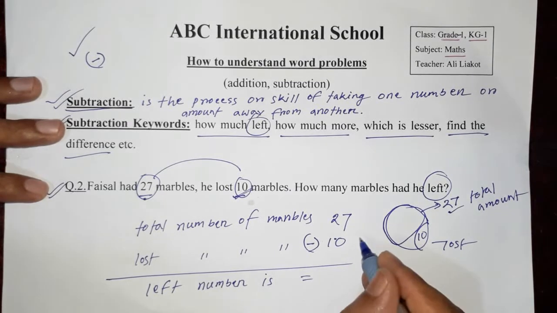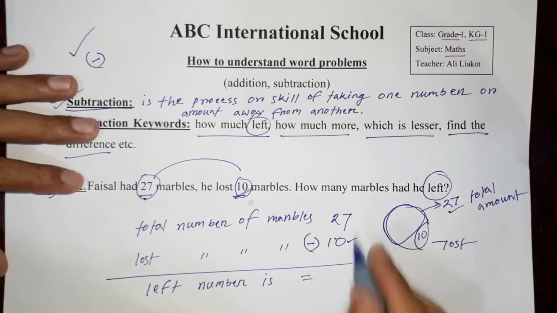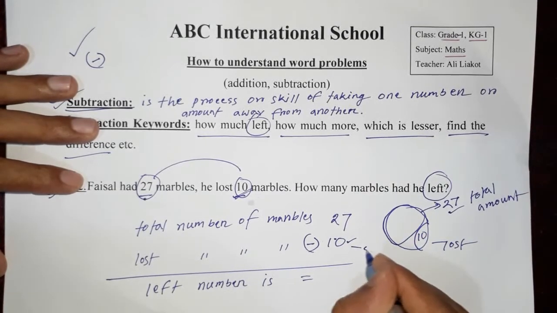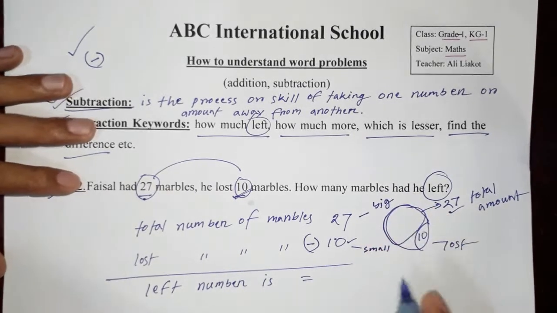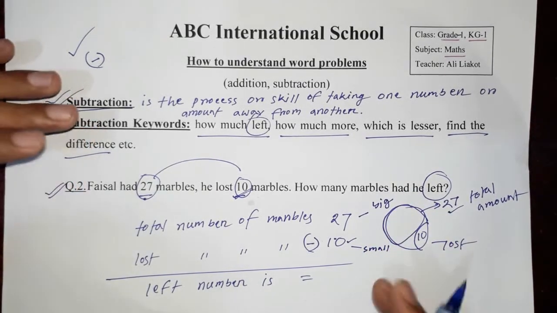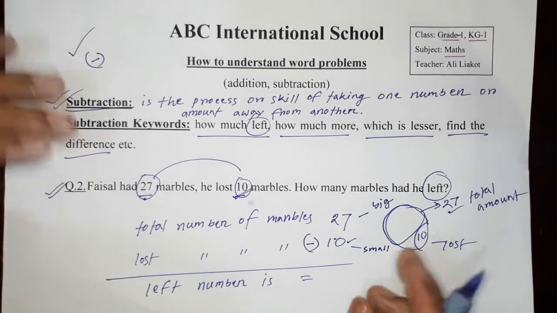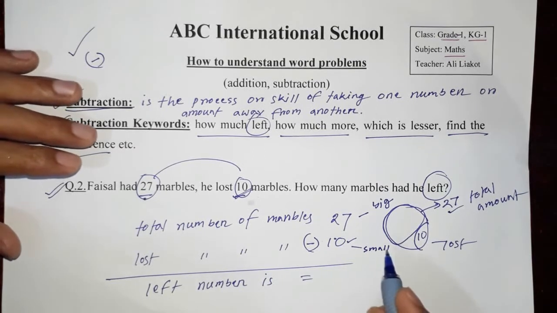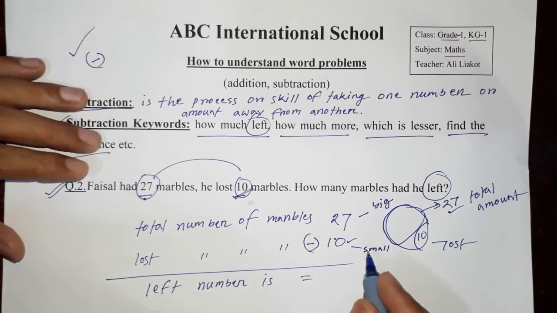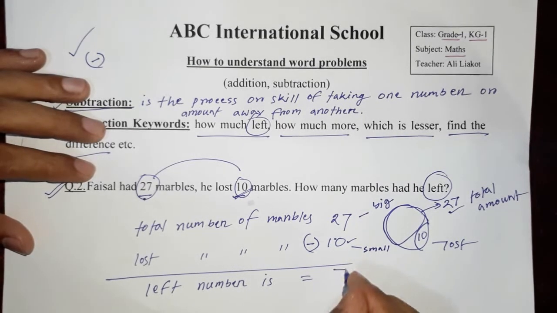Yes, we can take 0 from 7 because 0 is a small number and 7 is a big number, and in subtraction we have to take the small number from the big number. So we can take 0 from 7. If we take 0 from 7, what's the number left? Yes, 7 minus 0 is 7.